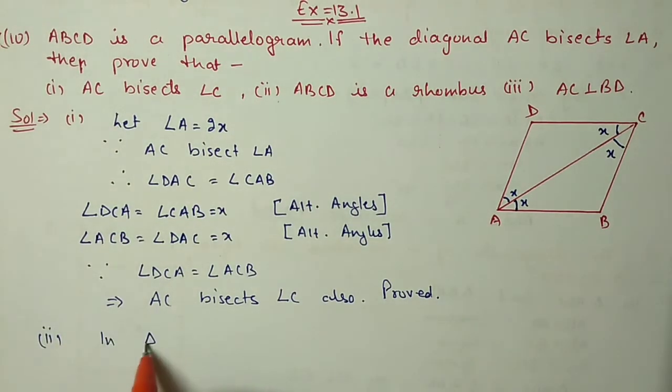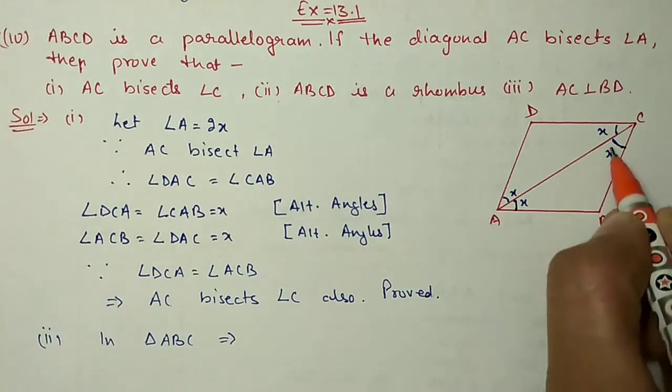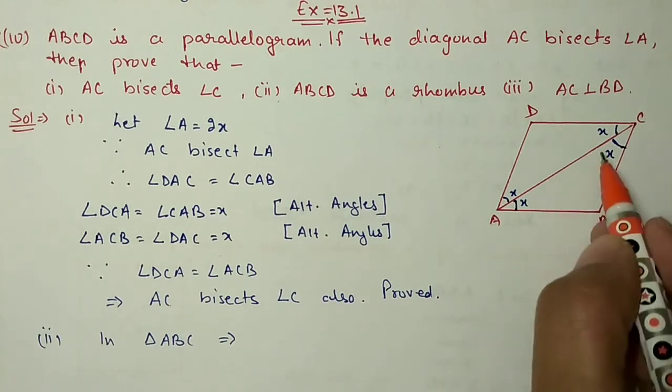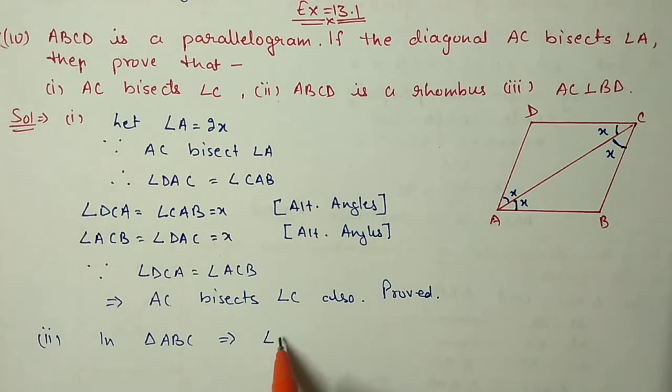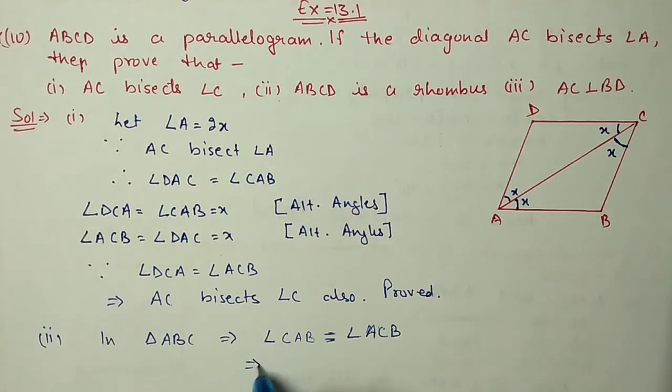Now in triangle ABC, you can see this angle and this angle are the same. Both are x. It means it is an isosceles triangle. Angle CAB is equal to angle ACB. So we can say AB is equal to AC.